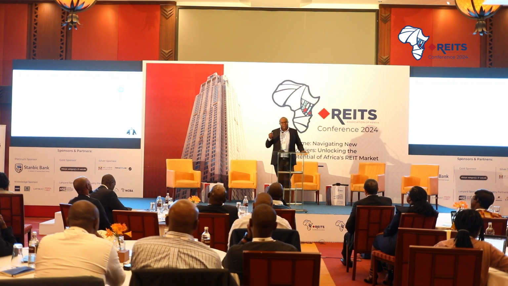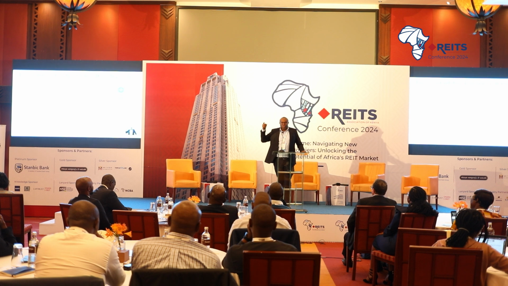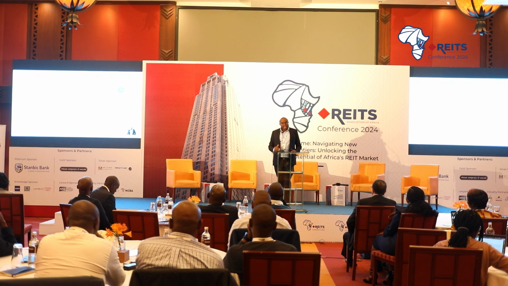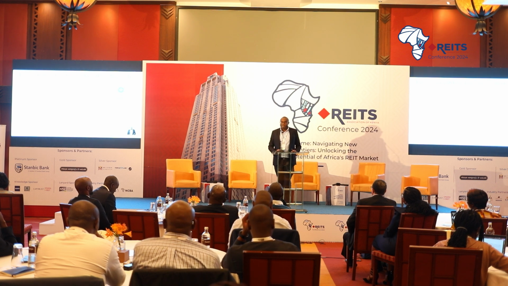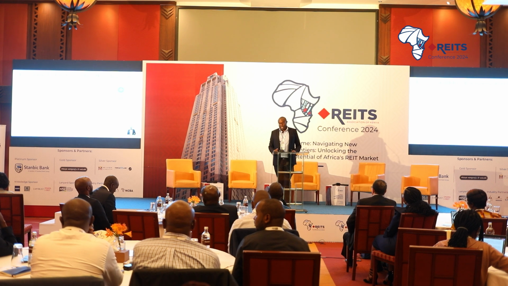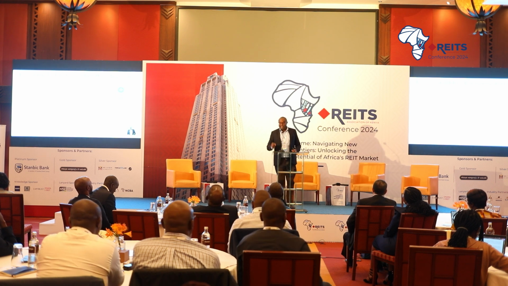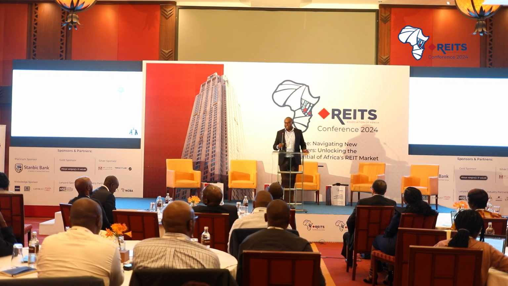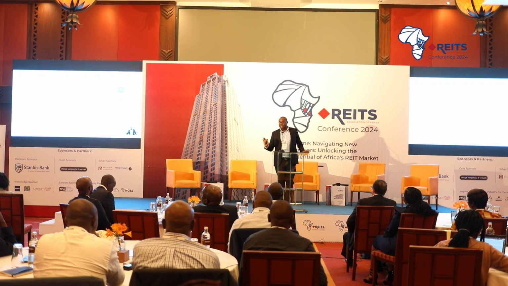That will come over time. But if we just want to move from 0.6 to 1 to 2%, especially with the growth that we are seeing with that capital stack, I am telling you for sure in another 5-10 years, we'll be talking about REITs that are like 1 trillion shillings. I don't know whether the assets are there, but also that's a challenge for us to go out and build them. So that was my story.